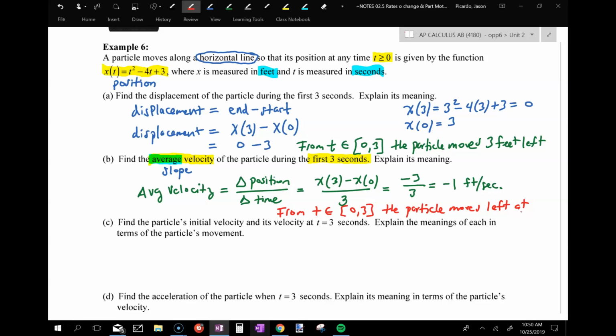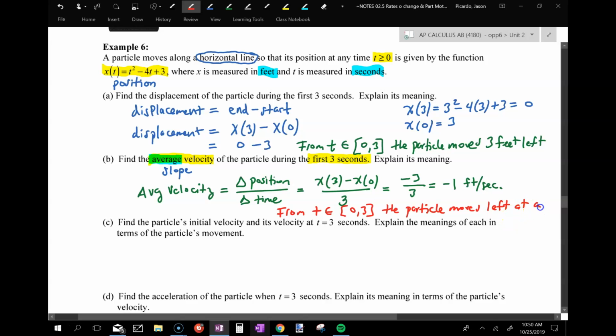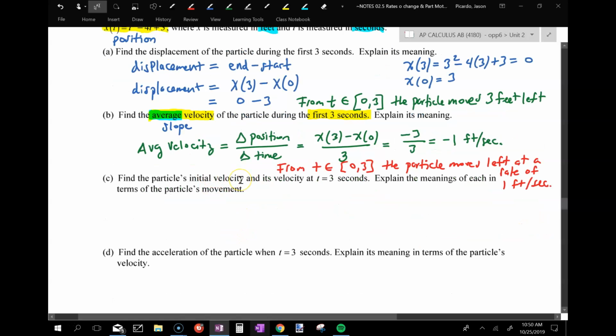I just know that over that 3 second period, that's the average rate of change, right? At a rate of 1 foot per second. Good? All right. Find the particle's initial velocity and its velocity at 3 seconds.